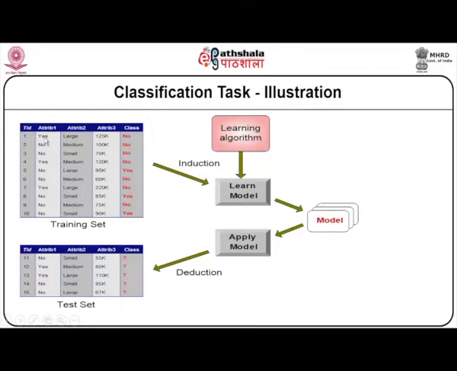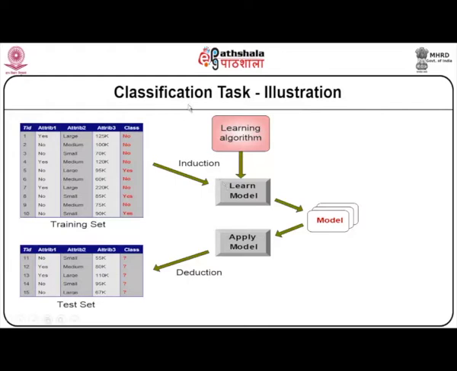Attribute 1 majorly depends on two values, yes and no. Attribute 2 depends on three different categorical labels, large, medium and small, and attribute 3 is completely a continuous value, whereas the class label should be categorical again, representing yes or no. So, we will try giving all the possible combinations as input, which are initially assumed to be training samples, and this will be considered for learning the model.